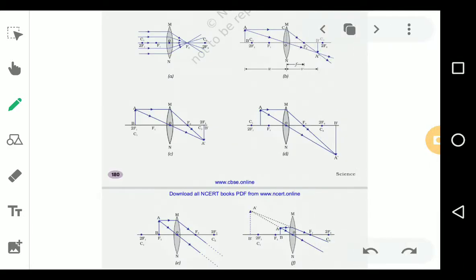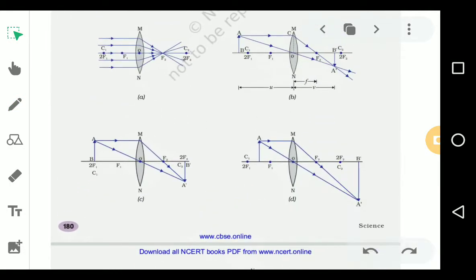So this page is showing you the various ray diagrams for convex lens when the object is taken at several positions. The first one we'll discuss is A. MN is representing the lens, and the incident light rays are coming parallel to each other.